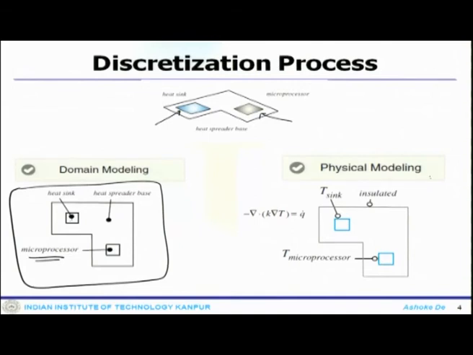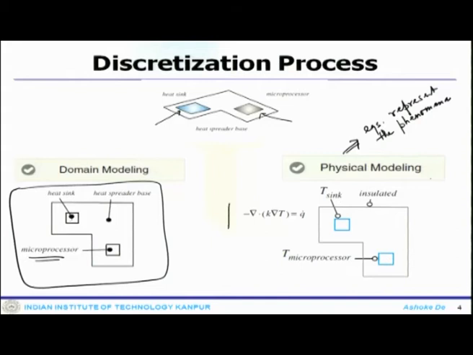What does my physical modeling do? Physical modeling essentially talks about my governing equations or the equations that represent the phenomena. That means I come up with the equation which can represent this physical process. So, if you look at this heat spreader base, on one hand I have a sink, that means it is going to be the energy absorber, then I have a microprocessor which might be generating the heat.